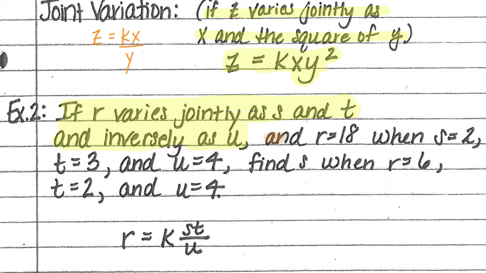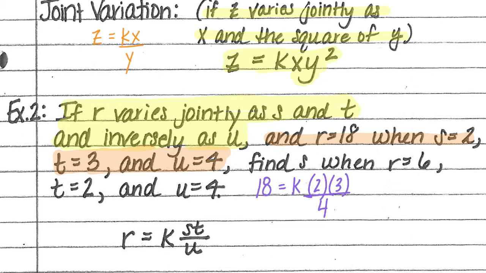My first scenario says r is 18, s is 2, t is 3, and u is 4. So I'm going to plug all of this stuff in. We know 18 is equal to, we do not know the k. We know s is 2 and t is 3, and all of that is going to be over u, which is 4.